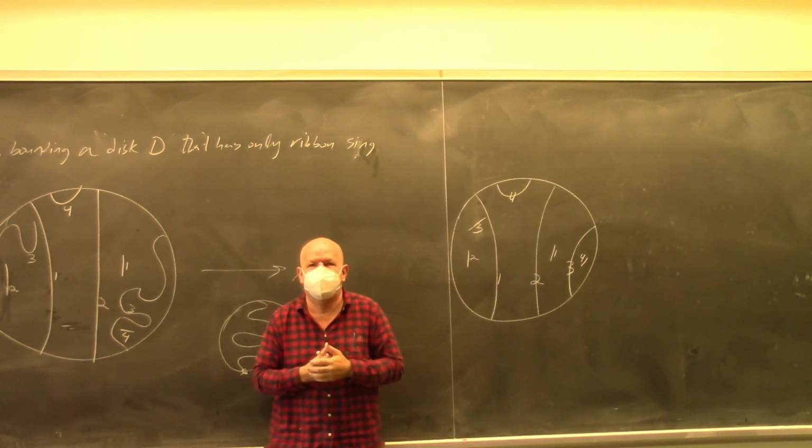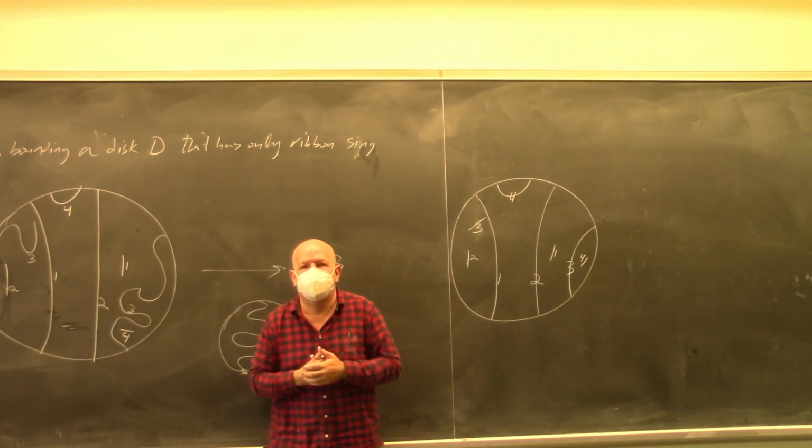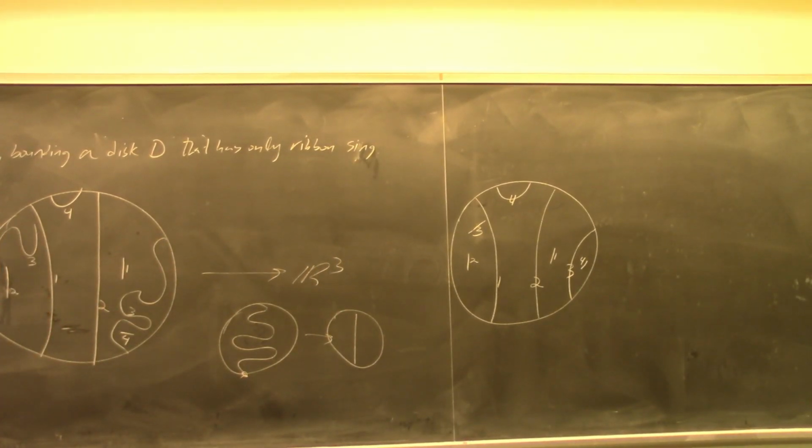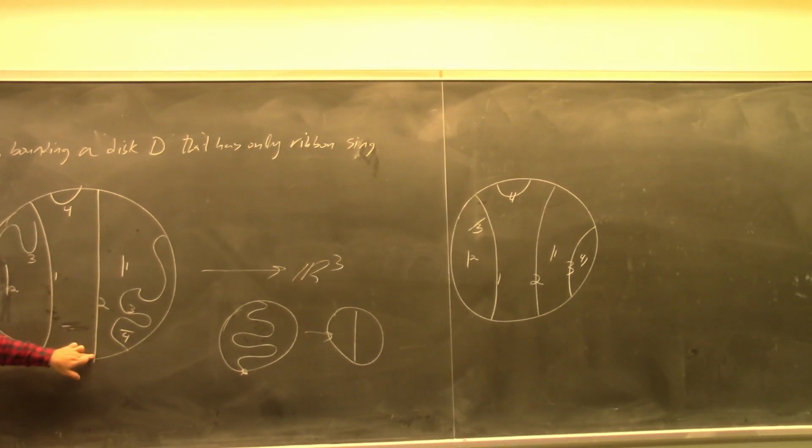Yes? Could you explain the pairing again? I don't get the picture from here. So you see, these are singularities. A singularity is where a pair of points in the disk gets mapped to the same point in R3. So when I label this with 2 and that with 2, it means that this interval in the image is equal to that interval. Oh, I see.